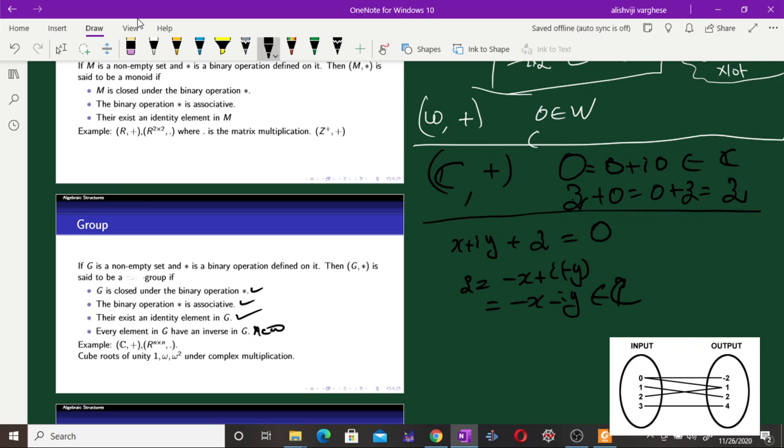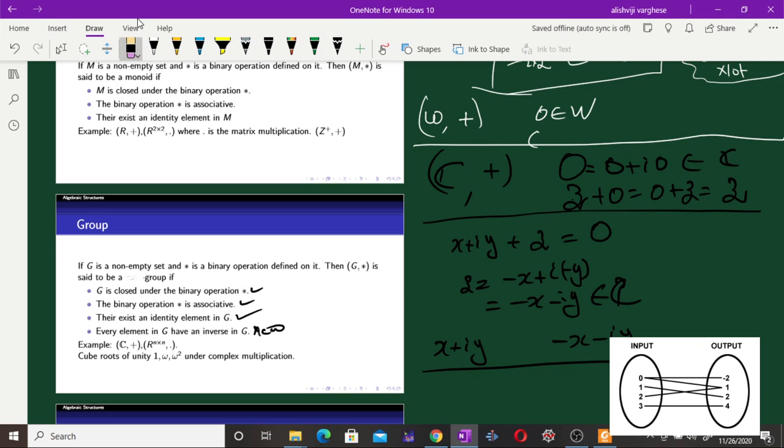We know that x plus iy plus minus x plus minus iy is equal to 0. So minus x minus iy is the inverse of x plus iy. And this exists for all complex numbers, and therefore the set of all complex numbers together with addition is a group.